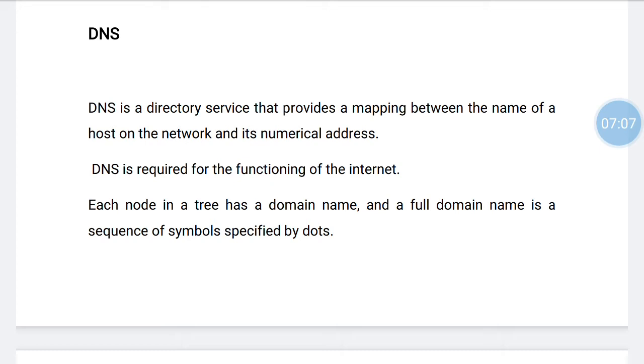A DNS system has its own network. If one DNS server does not know how to translate a particular domain name, it will ask another server, then another server, and so on until they find the correct IP address. A DNS server holds a list of all IP addresses along with their domain names, which can be retrieved when required.